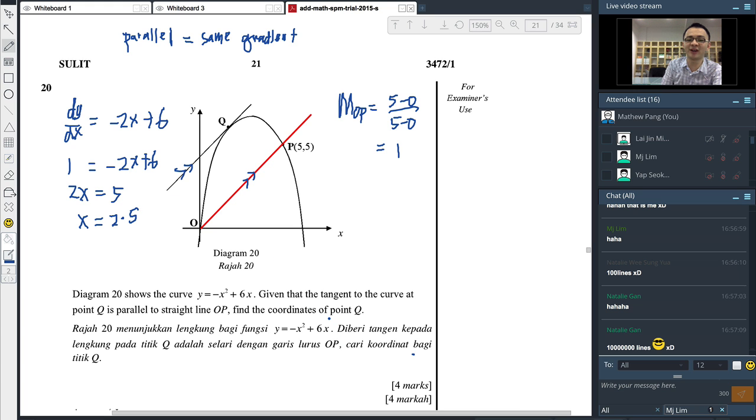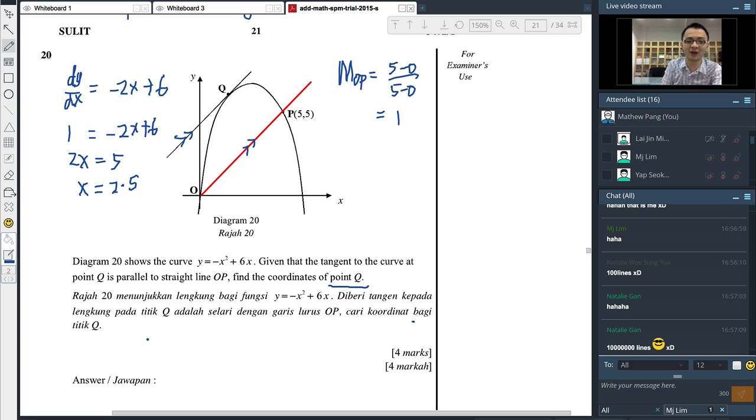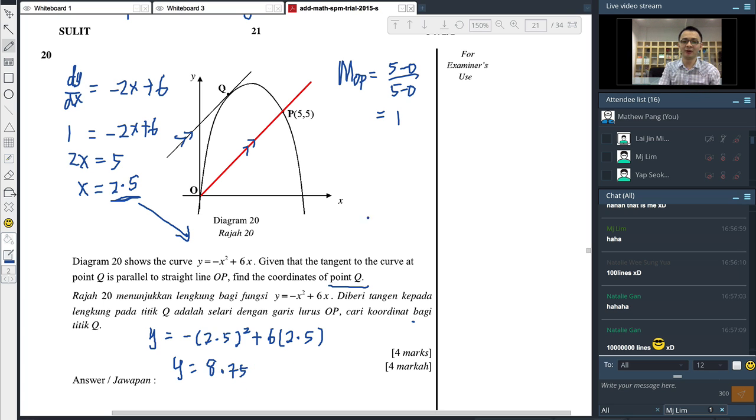But the question asks you to find the coordinate of Q, so you need to know the y value. I will substitute 2.5 into my y equation. y equals negative 2.5 squared plus 6 times 2.5. I will use calculator for this one. Yeah, I get 8.75. Therefore, my coordinate Q is (2.5, 8.75).